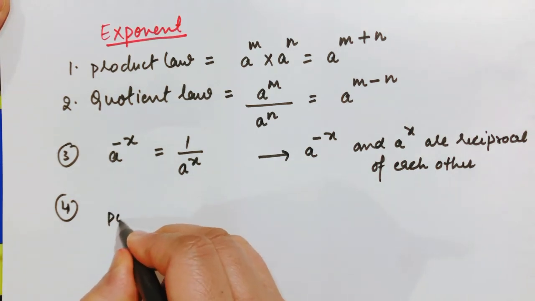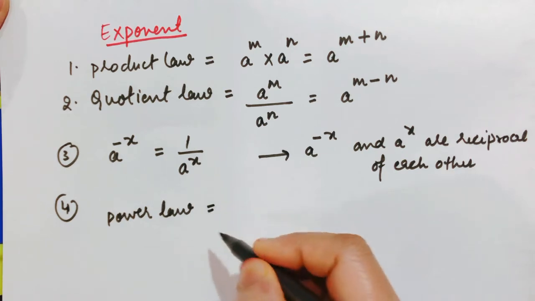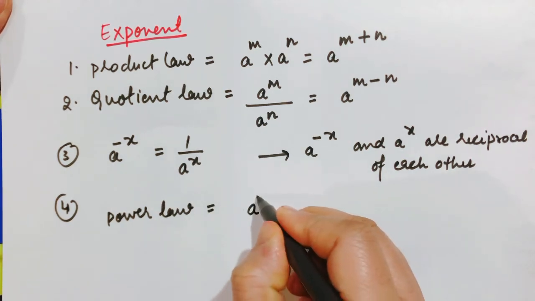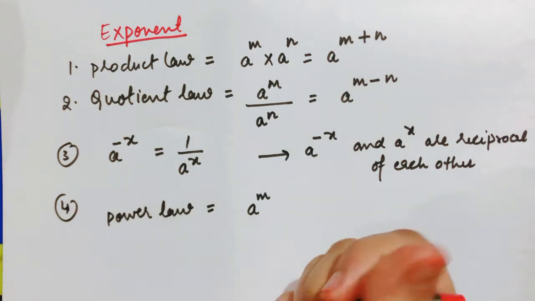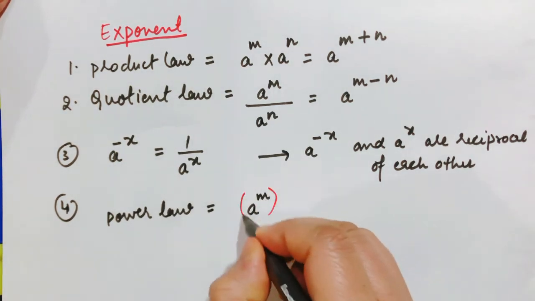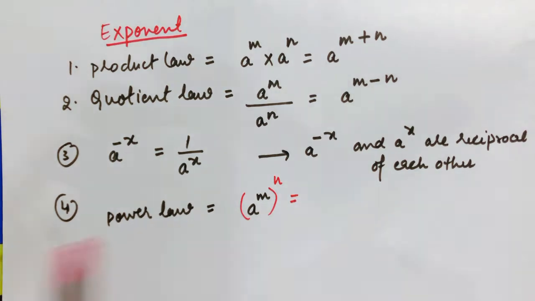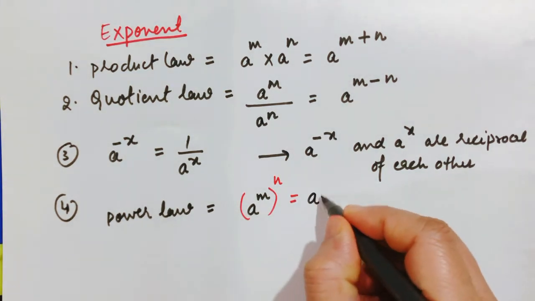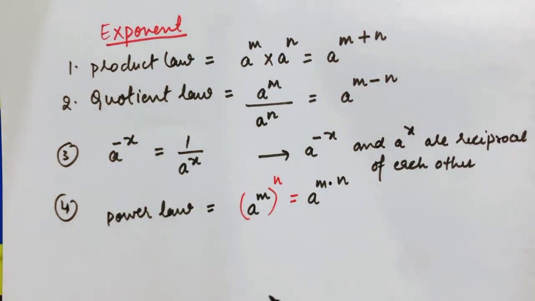पावर लॉ क्या कर रहा है? Power law states that a to the power m के ऊपर में अगर पावर लगा दिया जाए to the power n, then this becomes a to the power m multiplied by n, means the power will get multiplied. ठीक है.